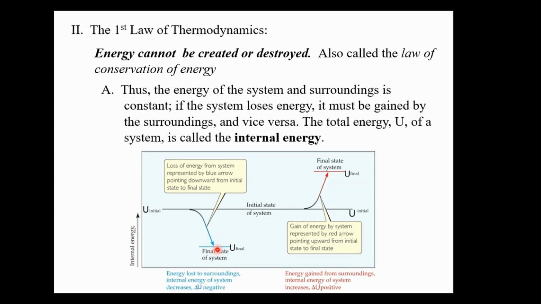So it's nice to talk about these things because we want to figure out these signs. Down here it says energy loss to the surroundings, internal energy of the system decreases, our delta U is negative. For right now we can say that's probably related to delta H. And delta U is positive if our final state of the system is at a higher energy than the initial.